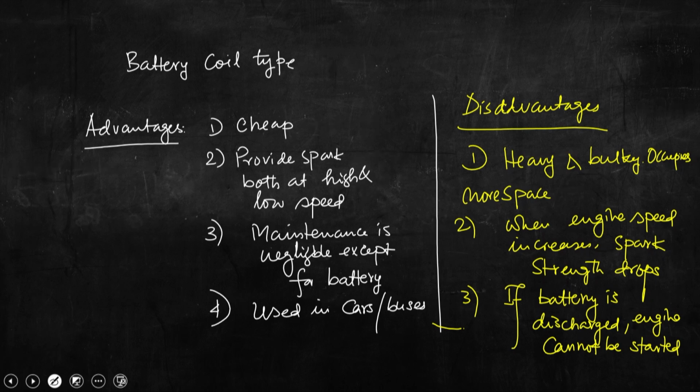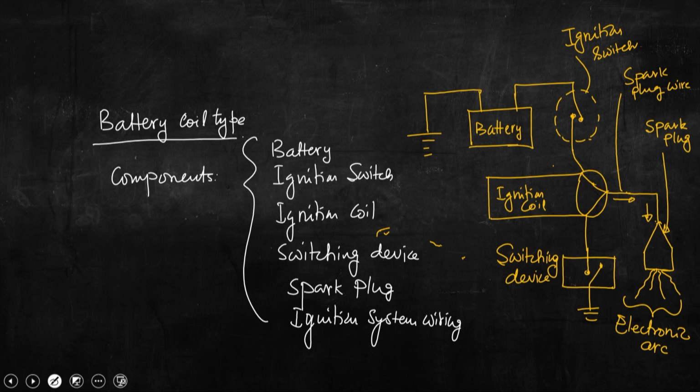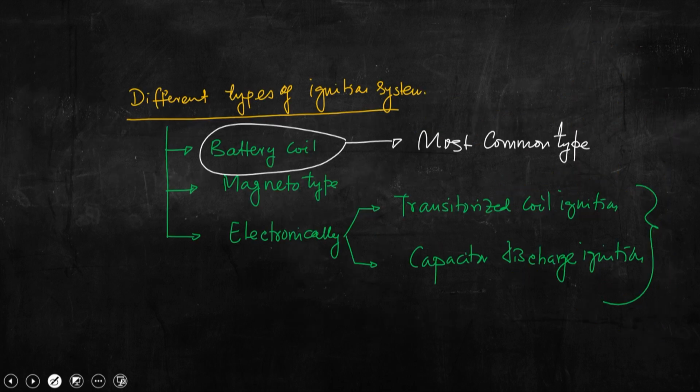So, despite all these favorable aspects, we still have a few drawbacks, and it is because of this reason that two other types, that is the magneto type and the electronically controlled type, are in place, which are also used for the engine.